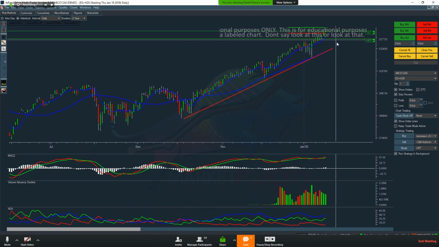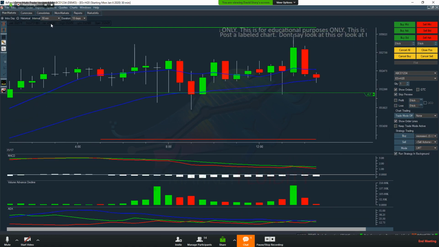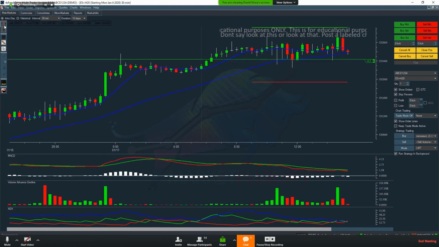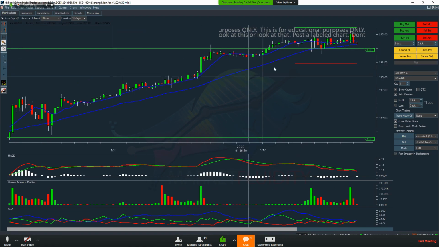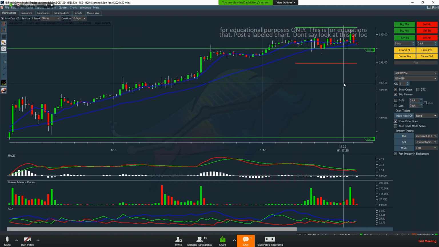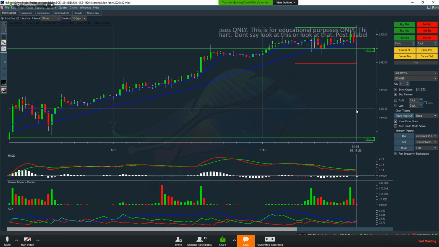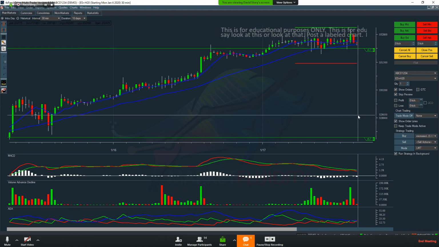I'm expecting a dip to about right here. So by seeing that the S&P 500 is kind of running out of steam a little bit, let's go back to a 30-minute, and I'm seeing it's running out of steam just a bit. As you look at the volume, I'm expecting a dip in the S&P 500 to about 3280, about right here. Okay, I'm expecting the market to start doing that in the next week or two.